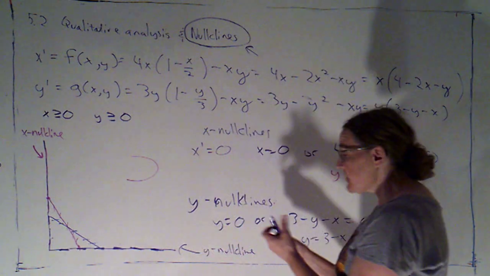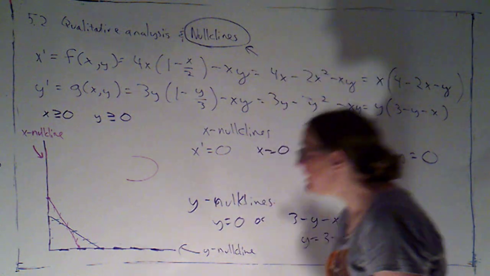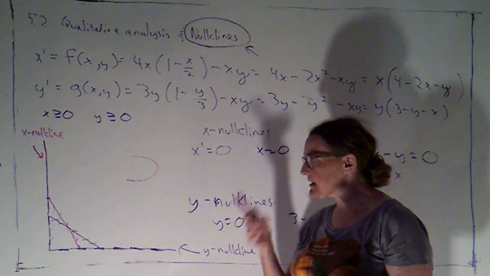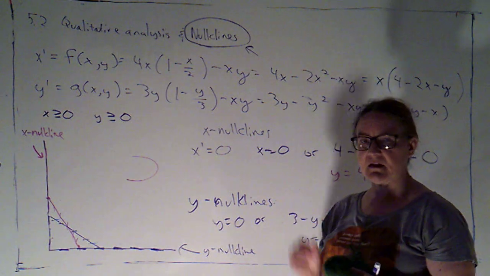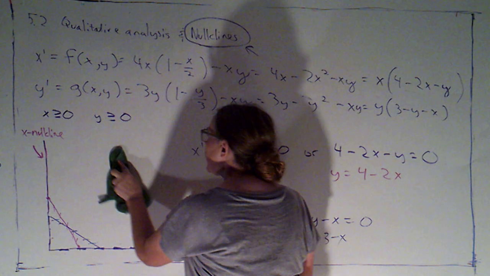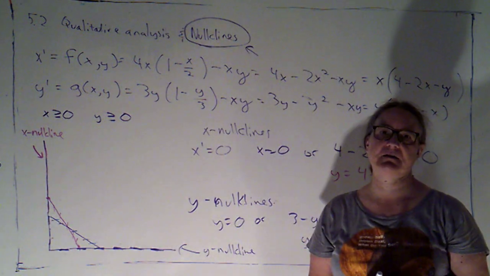Okay. So knowing where the nullclines are is very significant, because that's where the curves could change direction in either the x or the y-axis direction, depending on which type of nullcline it is. But also I know that my curves don't change direction anywhere else.